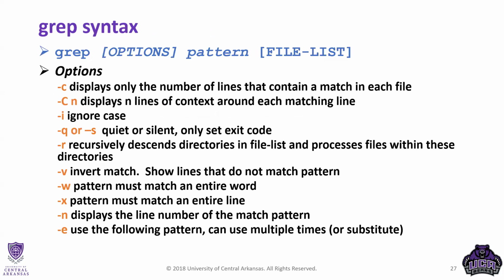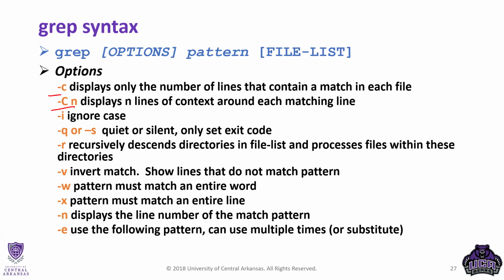Now, here are some more options to the grep command. And this is going to be kind of for your homework right here. Actually, it's a lab. I think I changed it to a lab, so it probably has everything in there. But if you do -c, then that's just going to return a count. So anytime it finds it, it's just going to count and then give it a number. I like to use this a lot, especially when I'm searching for functions.